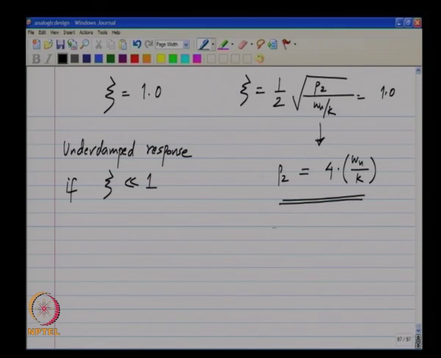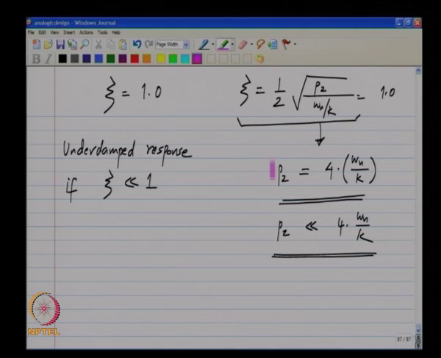That means that if P2 is much smaller than 4 times omega u by k, you can work out the inequality from this formula. If P2 is much smaller than 4 times omega u by k, you will end up with a severely underdamped response. So, you would like to keep P2 somewhere in this range where you will get either critical damping or a slight underdamping, but certainly not a severe underdamping. Okay.